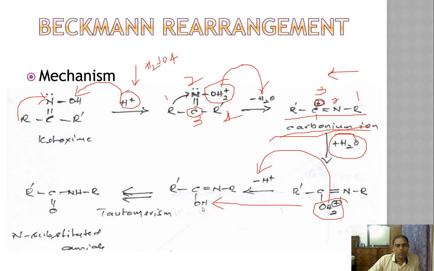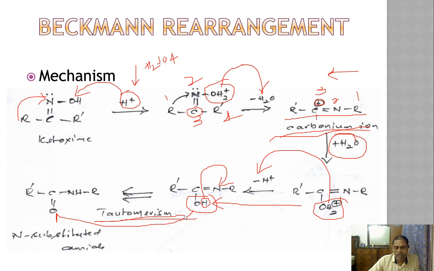This OH bond, the alcoholic group, can get converted to a ketonic group with the shift of this hydrogen, and this shift, this rearrangement, is called tautomerism.